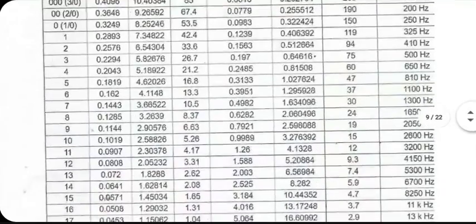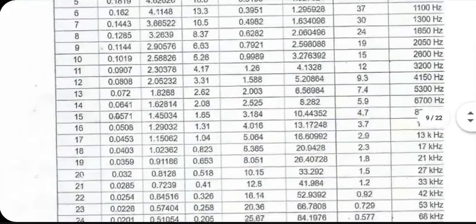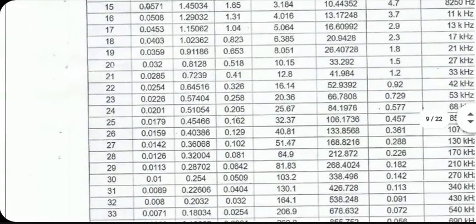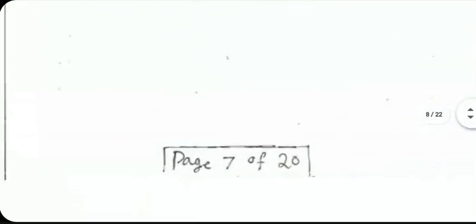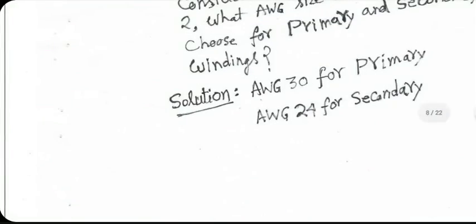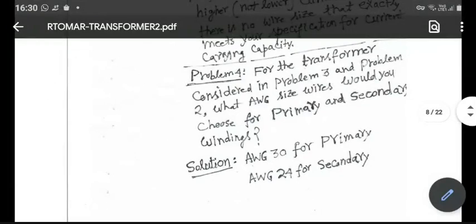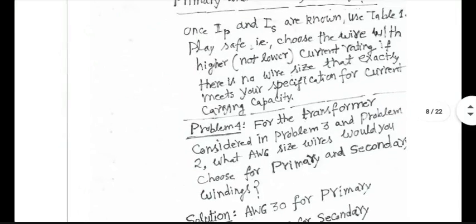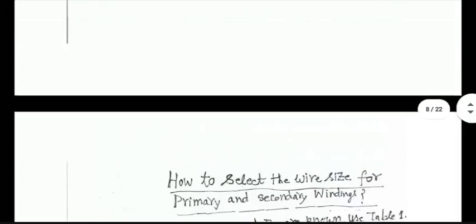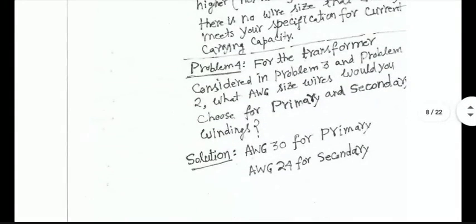Yeah, it is maximum current. 0.577. This will be 24 number wire. So secondary will have 24 number. Okay. Table has to be with you, of course. Nobody can memorize the table. That's for sure.